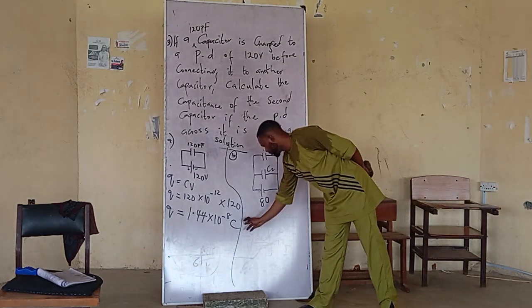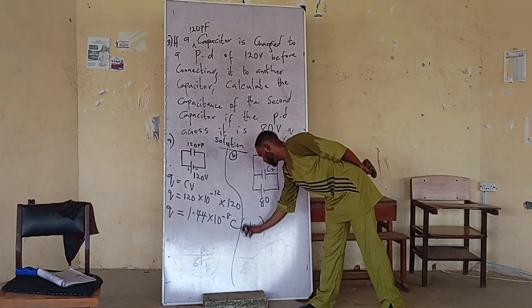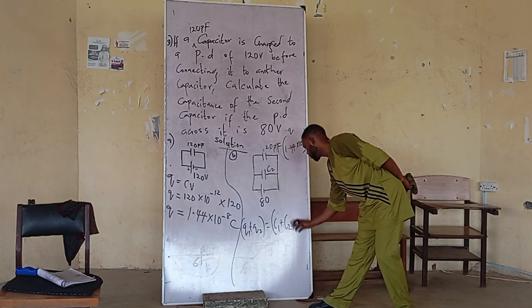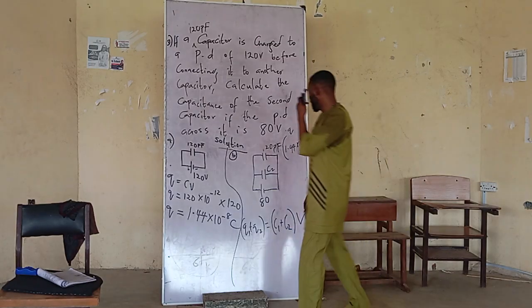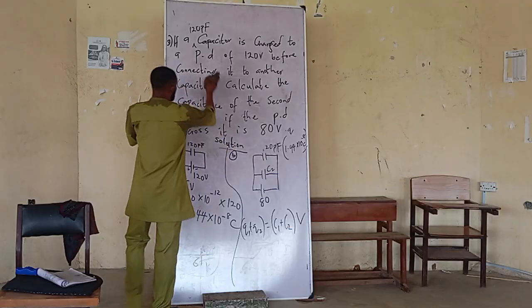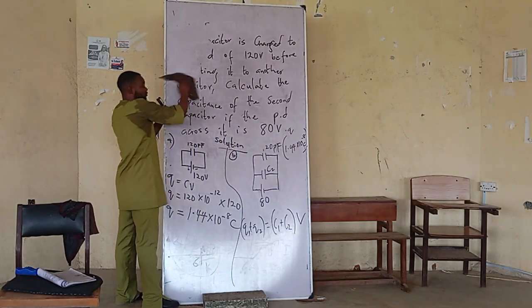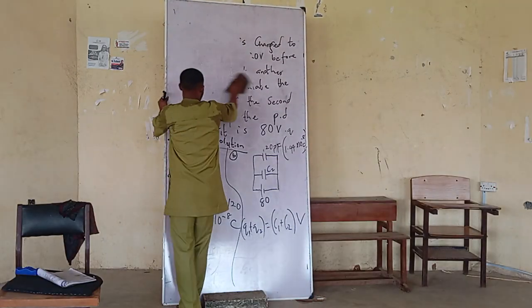So I'll simply say, remembering that Q1 plus Q2 is always equal to C1 plus C2, then voltage. If I have this idea in mind, I can now copy this. Voltage for parallel is always the same. I can now come and do this.